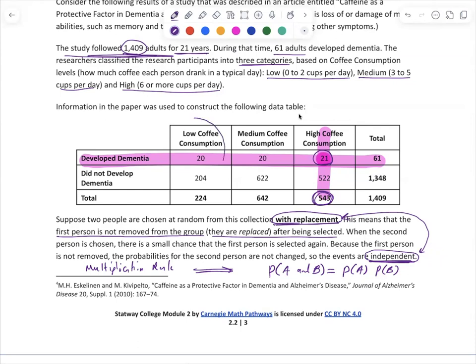Low coffee consumption group is just right here. Develop dementia and low coffee consumption group, you get 20. On the denominator, you have the given condition. You already drank low coffee daily. So this goes on the denominator.